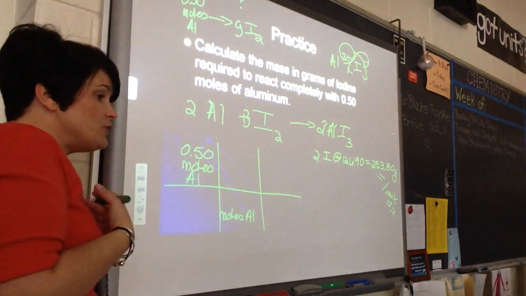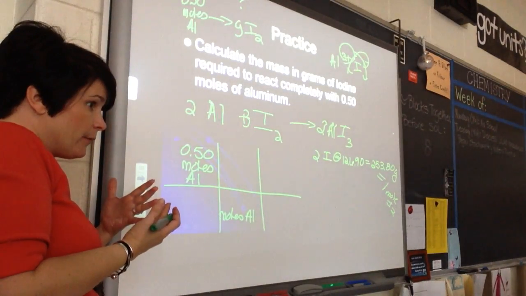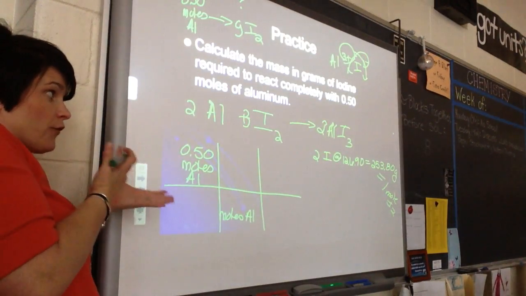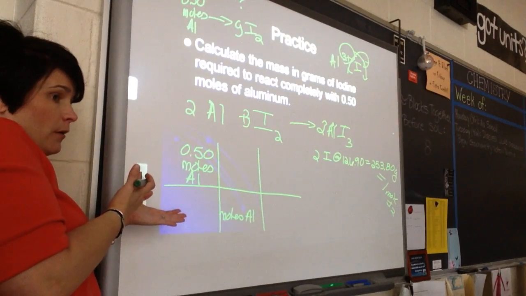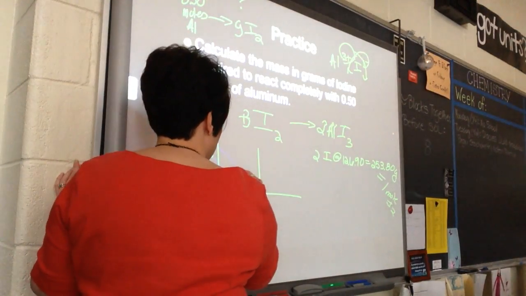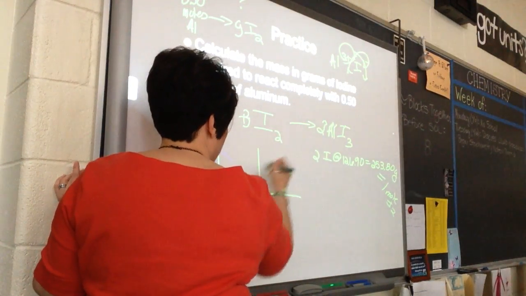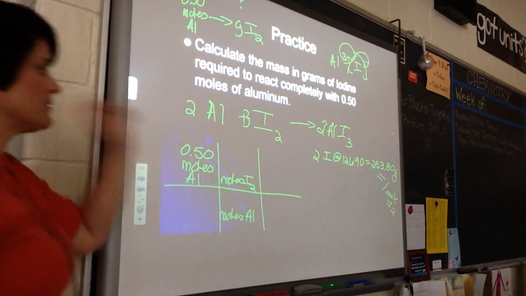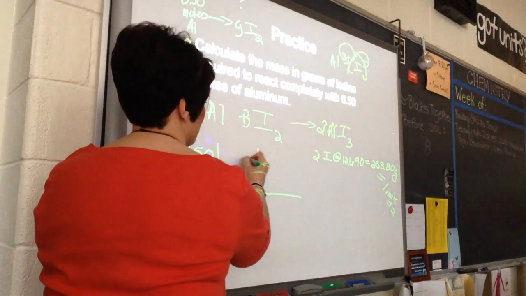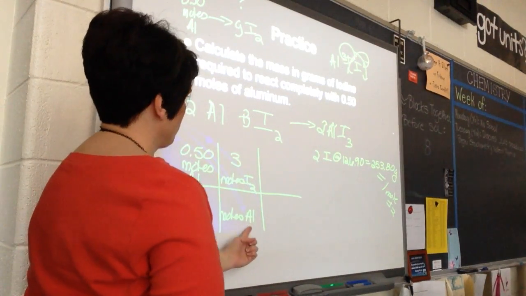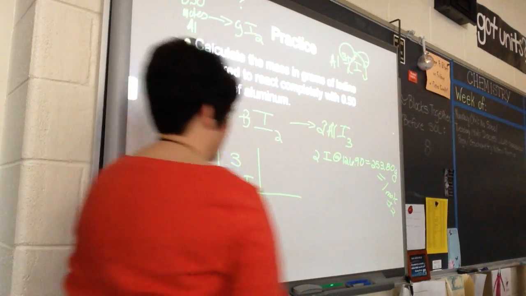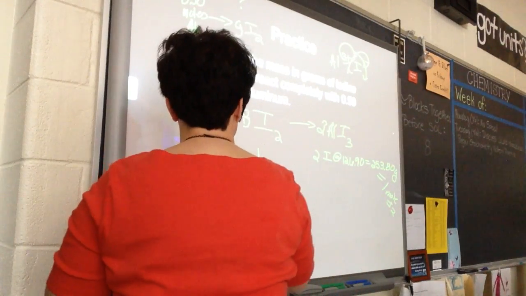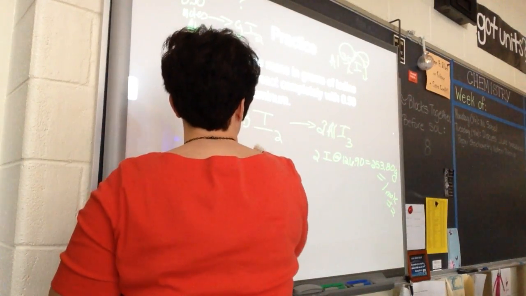The only way to do that is to use the mole ratio. We happen to use the mole ratio in the very first step in this particular kind of problem. So moles of aluminum, moles of the thing we want to know about, which is I2. We go to the balanced equation. In front of I2 is a 3. In front of Al is a 2.